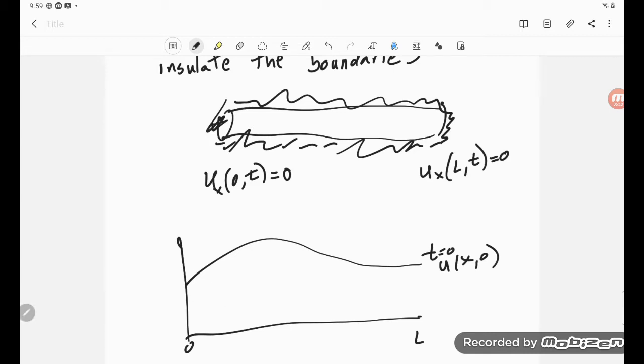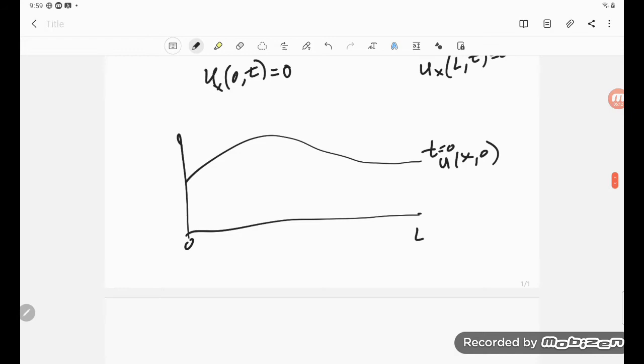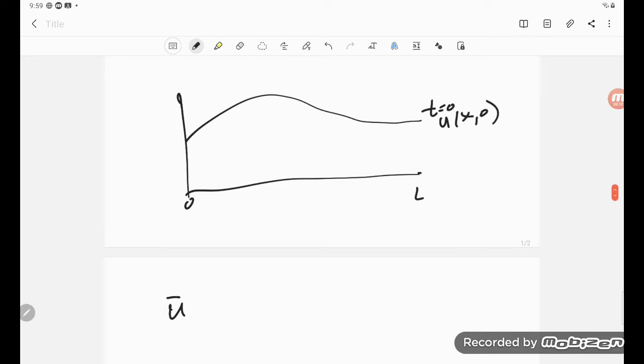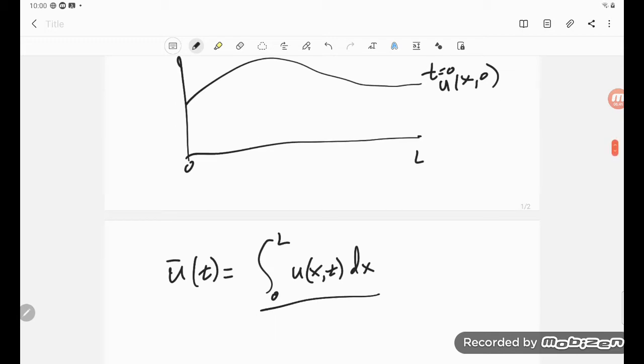Well, if I find the average, and the way I would find that, the average, u bar at any given t, so u bar at t, is just the inverse from 0 to L of u of x, t, dx, where t is basically some constant as we integrate left to right, and then divided by L, and that's the average value.